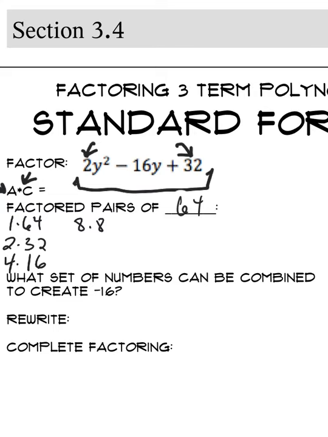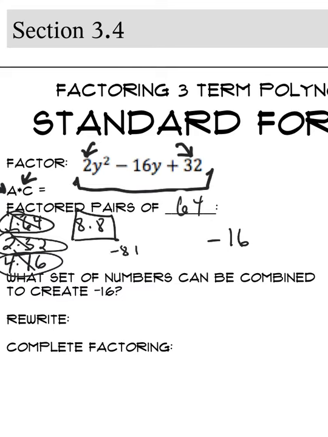Now, what I need to do is figure out what set here I can combine to get negative 16. I can combine it by adding or subtracting. 1 and 64 cannot be combined in any way to give me negative 16. Same thing with 2 and 32 and 4 and 16. I can deal with 8 and 8 because negative 8 plus negative 8 would give me negative 16.